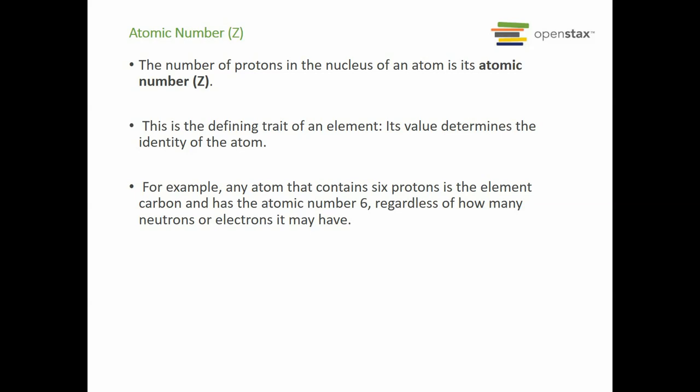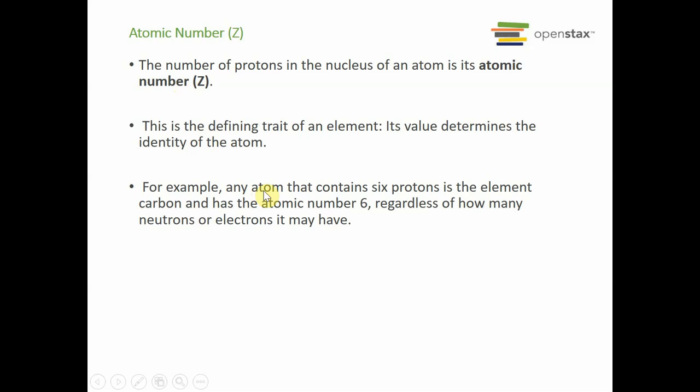The atomic number came out of X-ray analyses in the early 20th century, and was found to correspond to the number of protons in the nucleus of an atom. And the periodic table was subsequently ordered according to the atomic number. This is the defining trait of an element. Its value determines the identity of the atom.